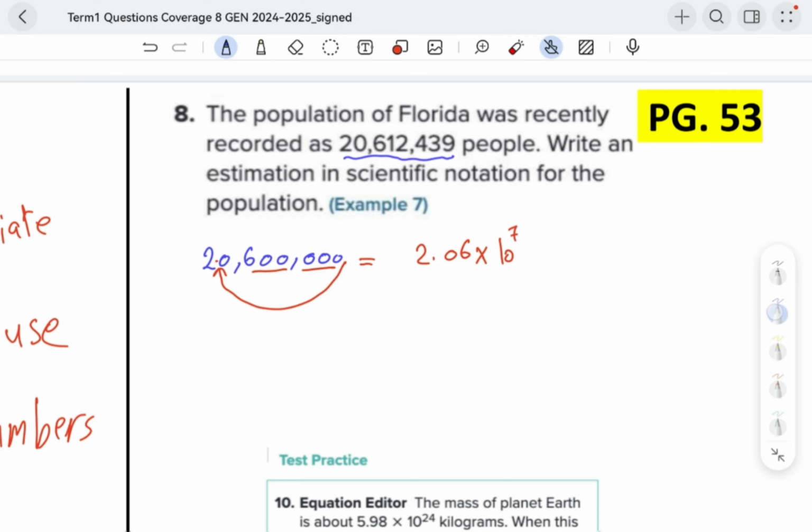Okay, someone else can round this number to 21 million, for example. And if we want to write it using the scientific notation form, we're gonna move the decimal point till we have one digit in the whole part, one non-zero digit. It will be 2.1 times 10 to the power 7. Both are acceptable.